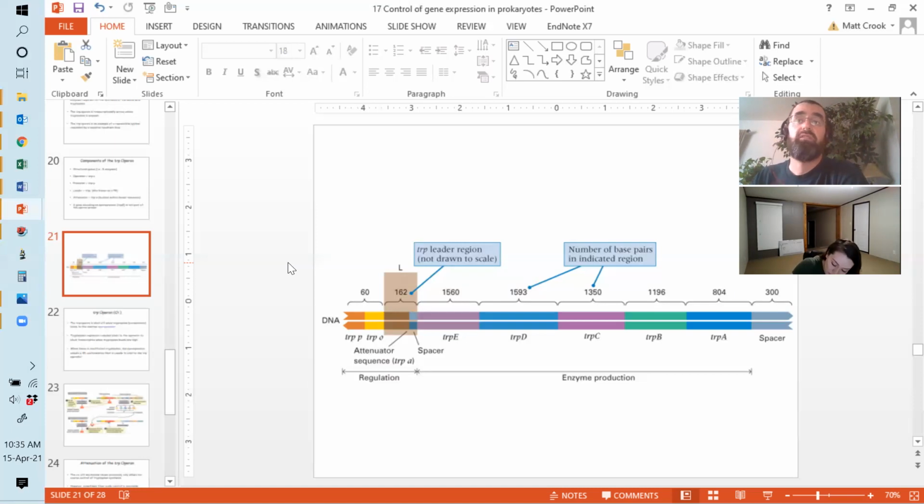So only if there's lots of tryptophan around, again, not enough to cause TRPR to bind, but enough so that there's charged tRNA with tryptophans on them, will that ribosome proceed through that little bit of polypeptide. So that's why it's a dummy, right? That polypeptide doesn't do anything. As soon as it's produced, it gets broken down. The sole purpose of that polypeptide is to tell whether or not tryptophan is present.